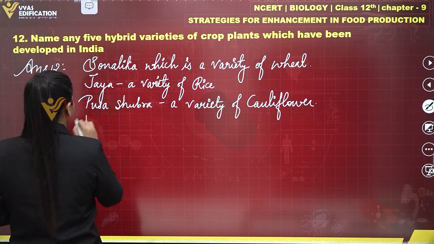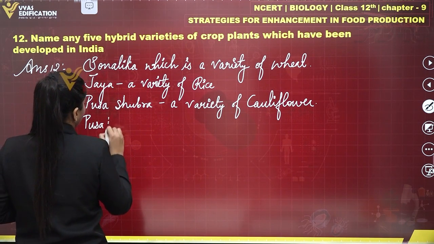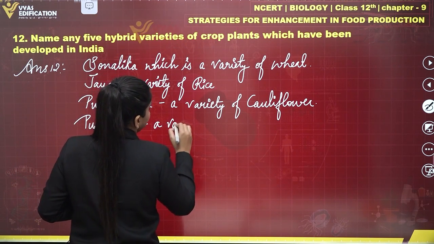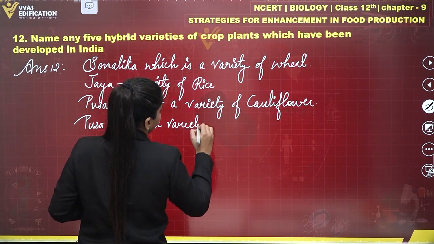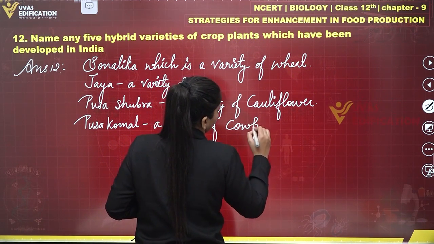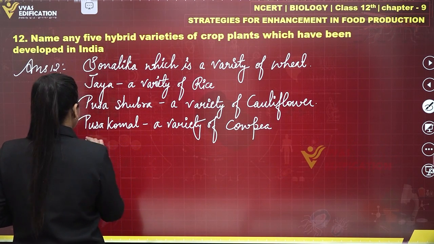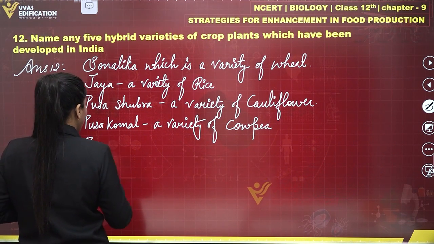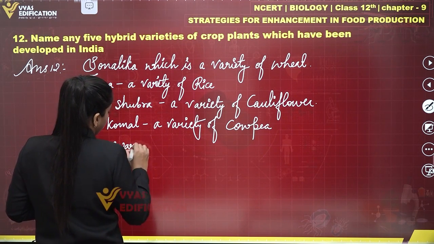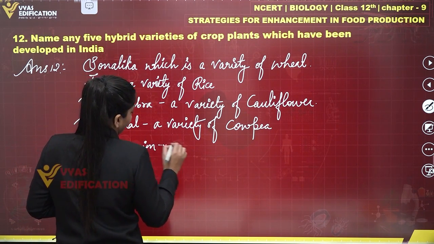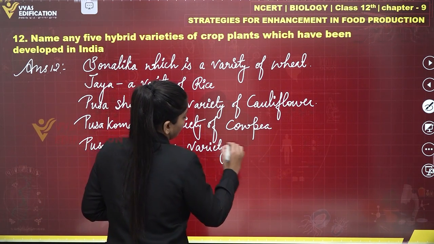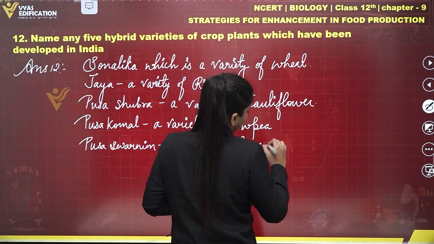Then we have Pusa Komal, a variety of cowpea. And the last but not least, we have a variety of mustard named Pusa Swarnim, a variety of mustard.